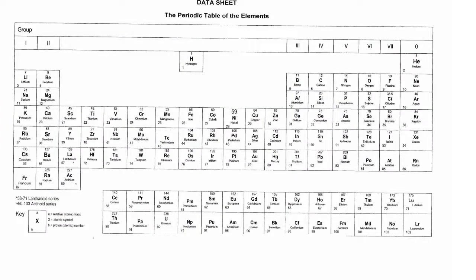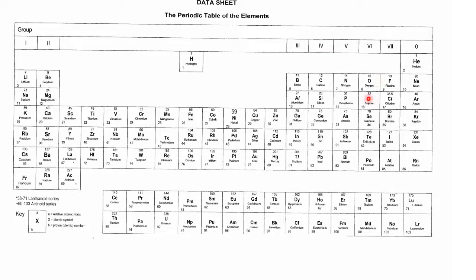So I talked about metals having the tendency of losing electrons and non-metals tending to gain electrons. So how do we tell if something is a metal or a non-metal? We use the periodic table. Elements in group 1, group 2, up to group 3 somewhere, all these are metals. Then elements from group 8, this group 0 is also group 8, group 7, group 6, group 5, and some of them in group 4 are non-metals.